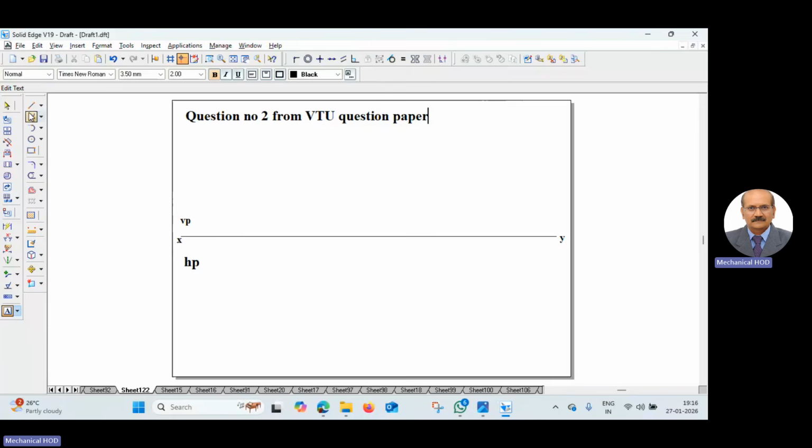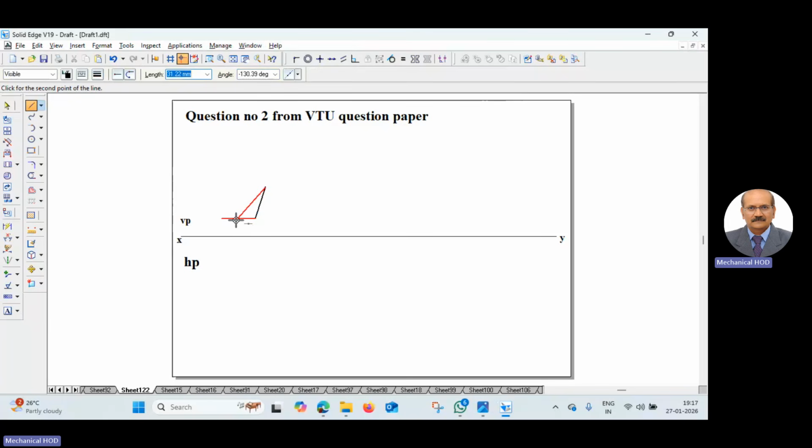That is, we'll construct a pentagonal lamina of 25 mm resting on the corner. So how to construct a pentagonal lamina? 25 is the length, first angle is 0; 25 the length, second angle is 72 degrees, because for constructing a pentagon the external angle is 72 degrees. How do we get the 72 degrees? 360 divided by 5.